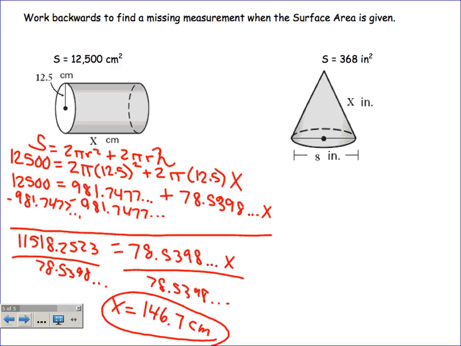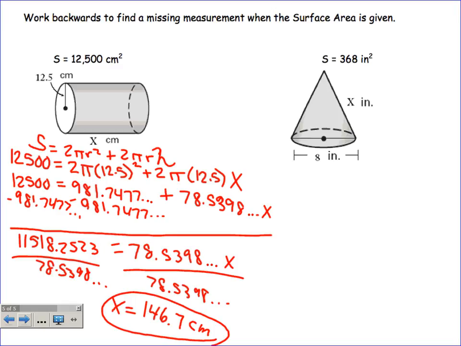That won't always happen. If you rounded differently, like yours rounded down and mine rounded up, you're going completely off. There's no way I could even give you credit. You did the right work, but you have the wrong answer.